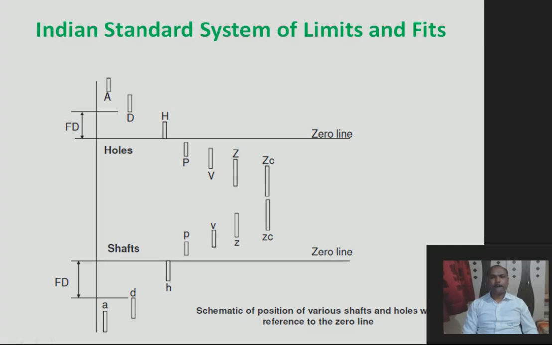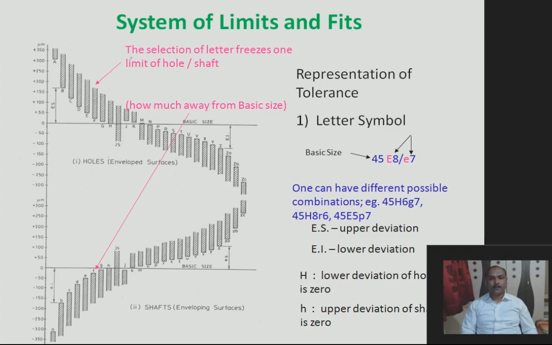There are 25 different holes and shafts, designated A to ZC. The letters I, L, O, W are not used, and ZA, ZB, ZC are added. So 25 different shafts and 25 different holes are there, and the same system is used for the designation of limits and fits according to the Indian Standard.